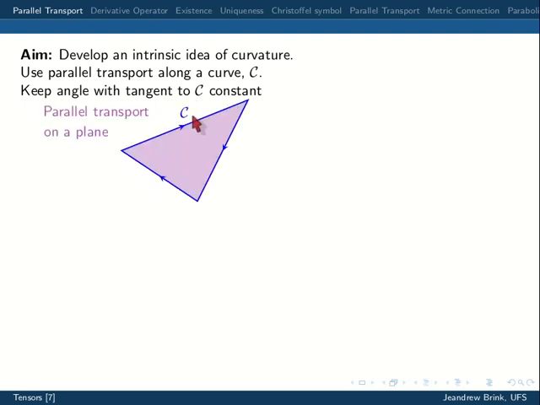Okay, so for example, if you wanted to parallel transport a vector along this curve C, and you lived in a flat plane, you would say, let's begin over here. I want to transport it this way, but I'm going to keep the angle that I make with the curve constant. So I have a tangent to this curve, and there's an angle there, and I'm going to keep that angle constant. Then I get to this corner, now I want to transport it along this curve.